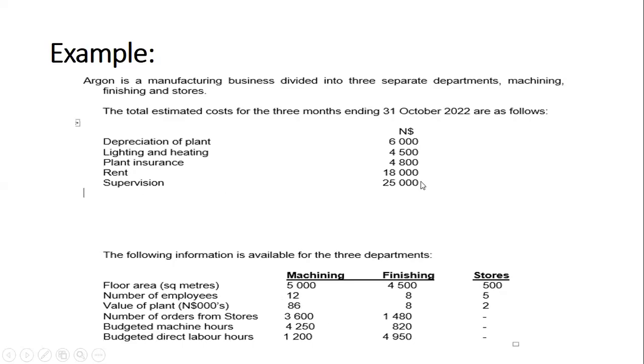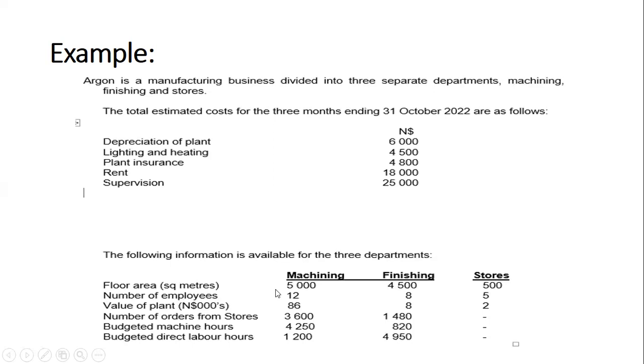To apportion this amount of 25,000 to machining, we take 12 over the total of 25, and we multiply it by 25,000. The answer you get is what we apportion to the machining department for supervision. Then finishing, you take 8, then divide it by the total and apply just like that.